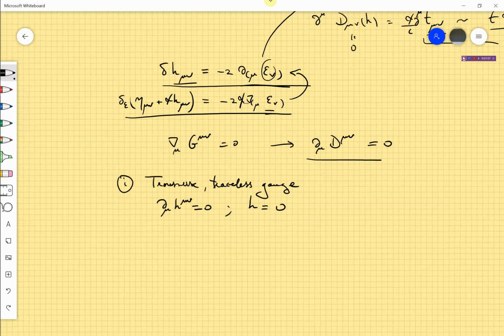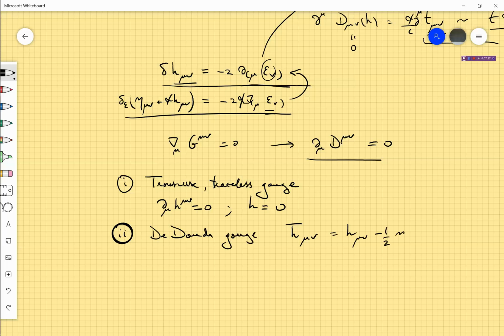And another popular gauge is the de Donder gauge. The de Donder gauge is expressed in terms of a variable which is called h bar mu nu. H bar mu nu is defined as h mu nu minus a half eta mu nu h.